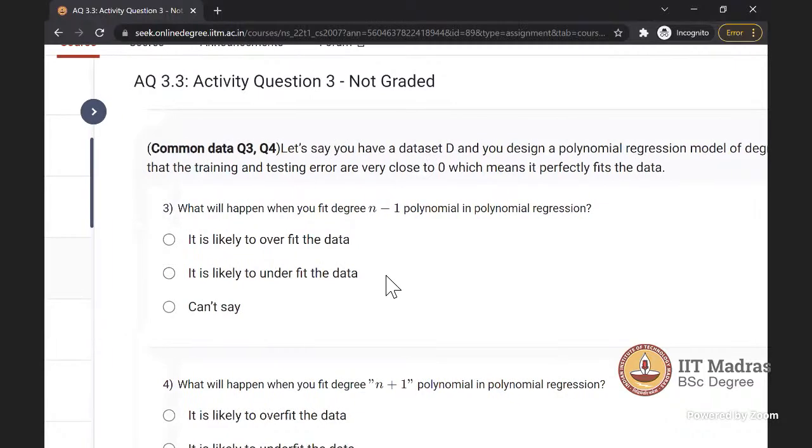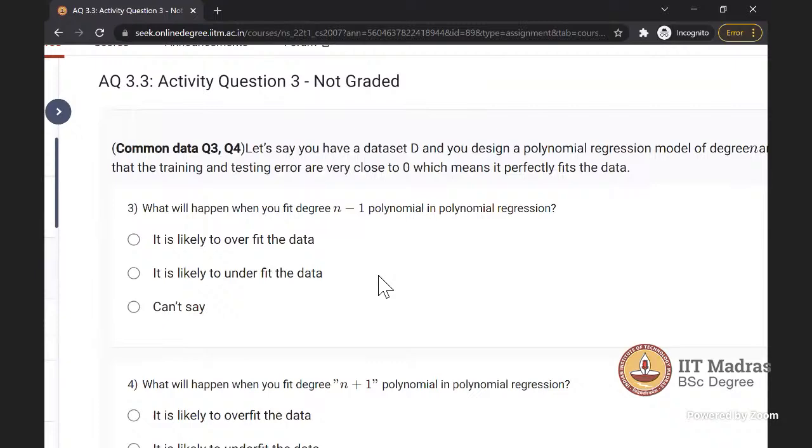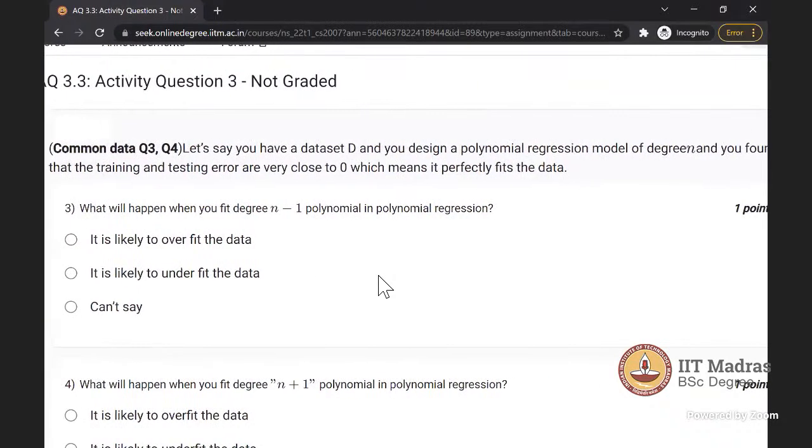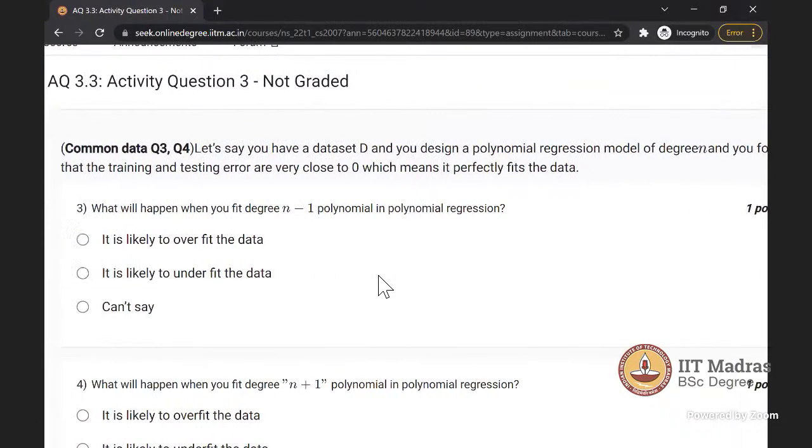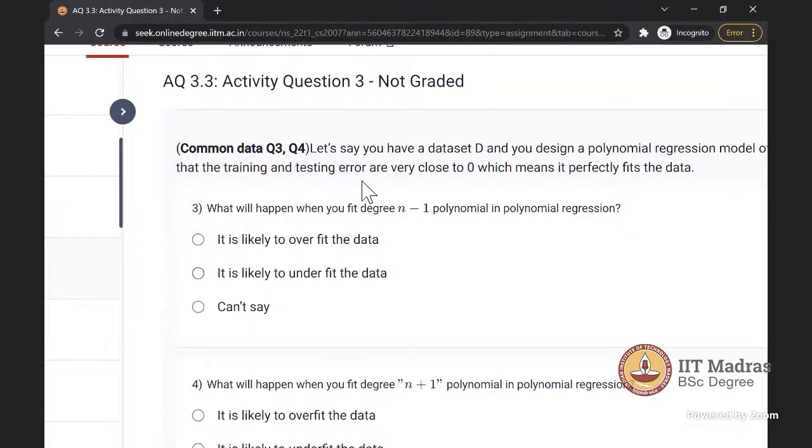Okay, so for questions 3 and 4, let's say you have a data set D and you design a polynomial regression model of degree n. You found that training and testing error are very close to 0, which means it perfectly fits the data. Great. What will happen if you fit a degree n-1 polynomial in this regression model?